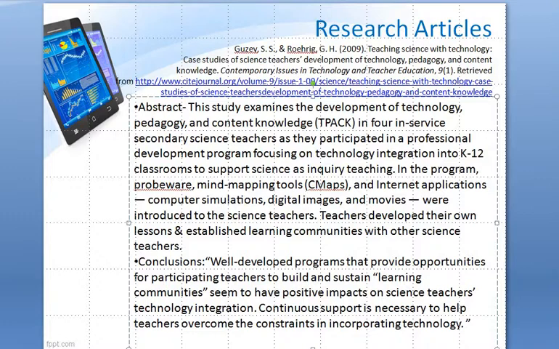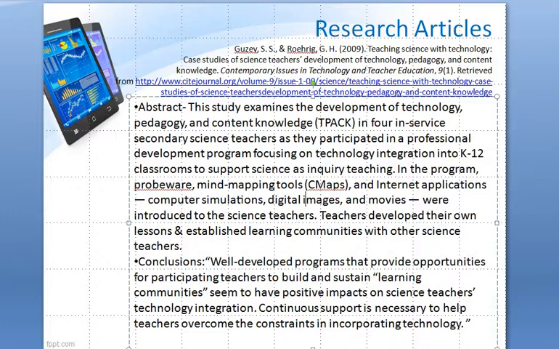As a result of the study, here are the conclusions that they drew. They said well-developed programs that provide opportunities for participating teachers to build and sustain learning communities seem to have a positive impact on science teachers' technology integration.